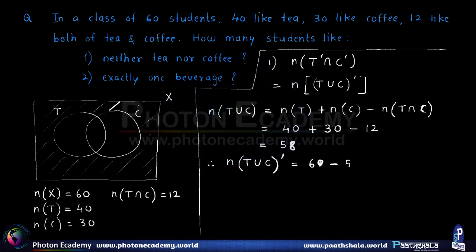So we have 58 such students which like at least some beverage. So therefore if we subtract, the answer is 60 minus 58 is equal to 2. So there are 2 students which don't like any of the beverage.